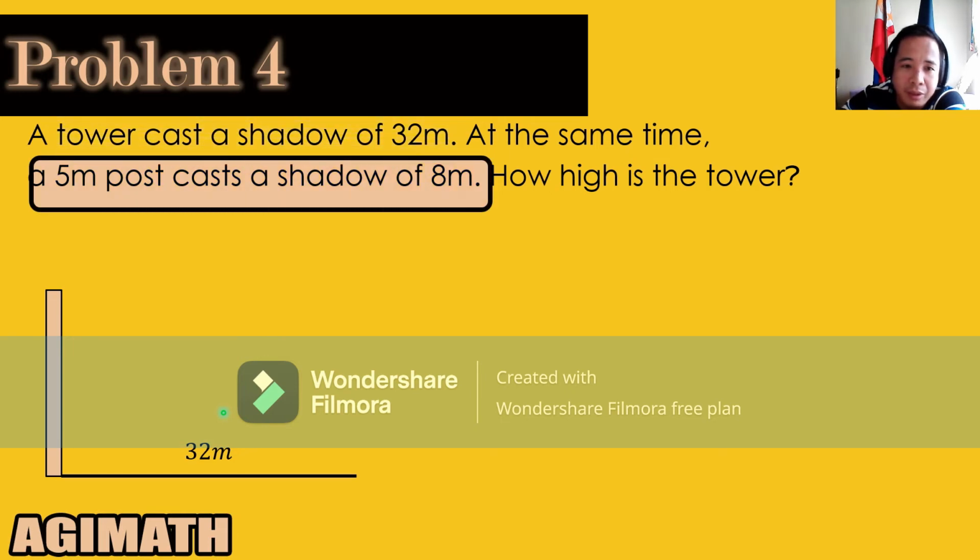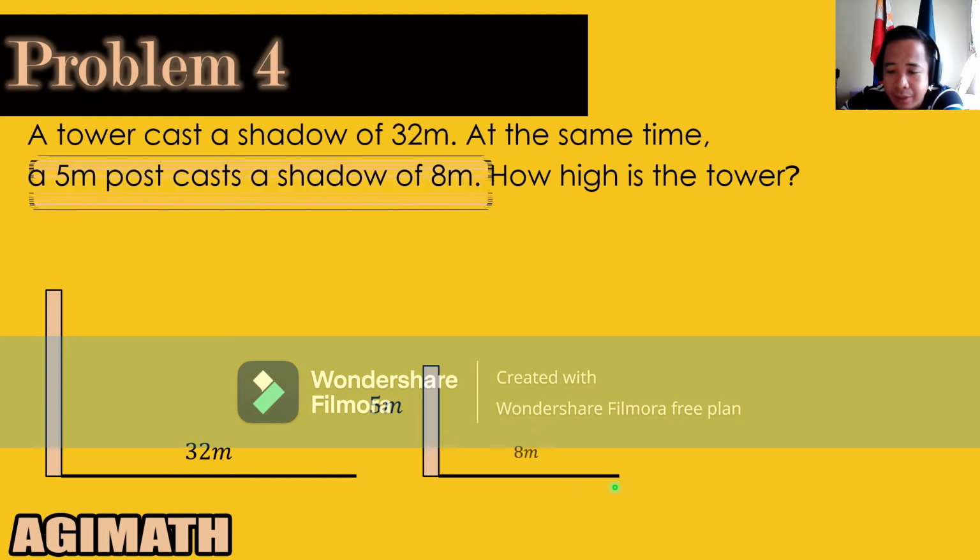And then moving on, at the same time, a 5-meter post casts a shadow of 8 meters. Again, just imagine this is a post which has a height of 5 meters and the length of the shadow is 8 meters.